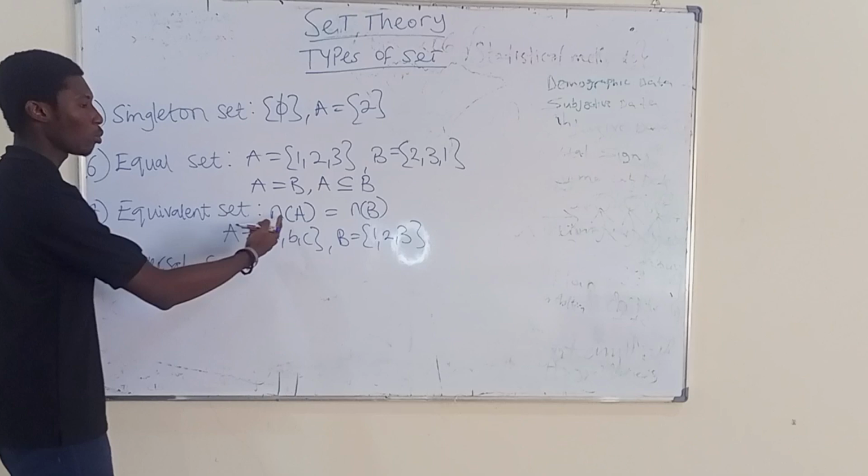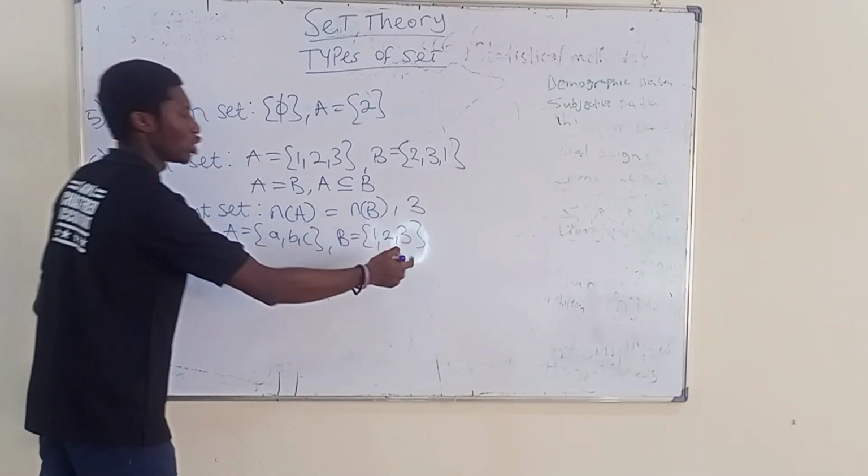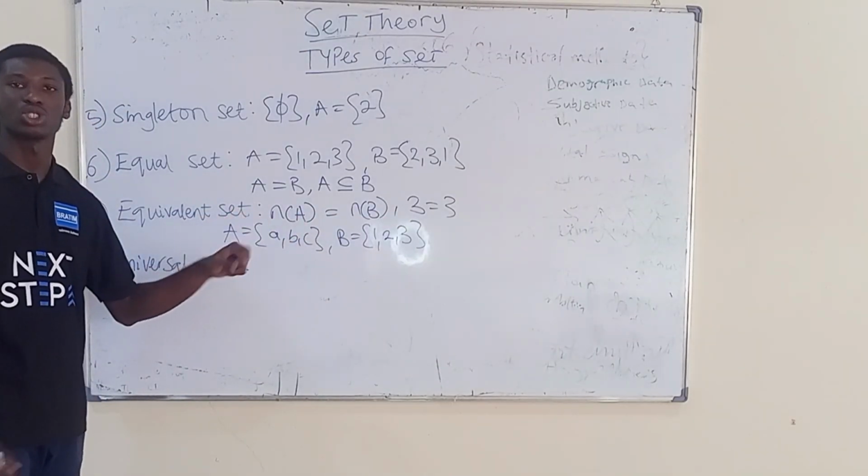The number of elements in A is 3, and the number of elements in B is 3.